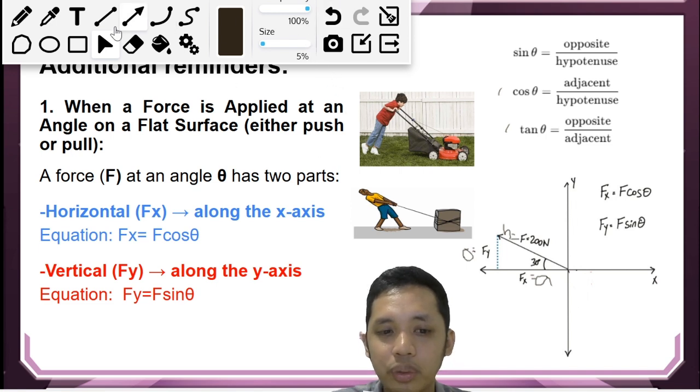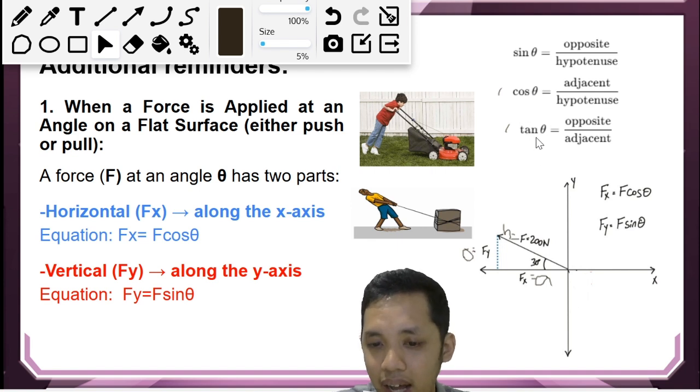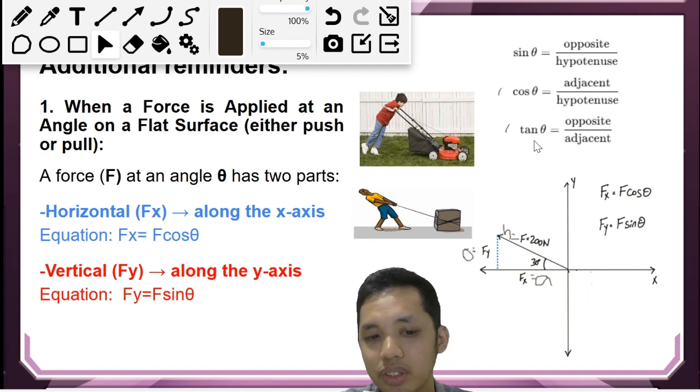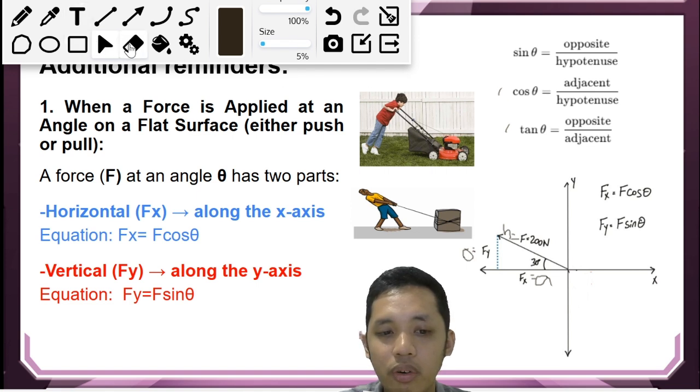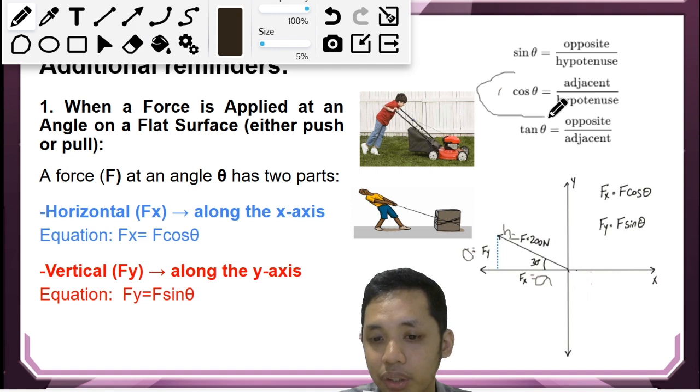So between the two, which one has the hypotenuse? Okay, obviously, it is the cosine function. So, we remove tangent in our choices. So, we will be using the cosine function.